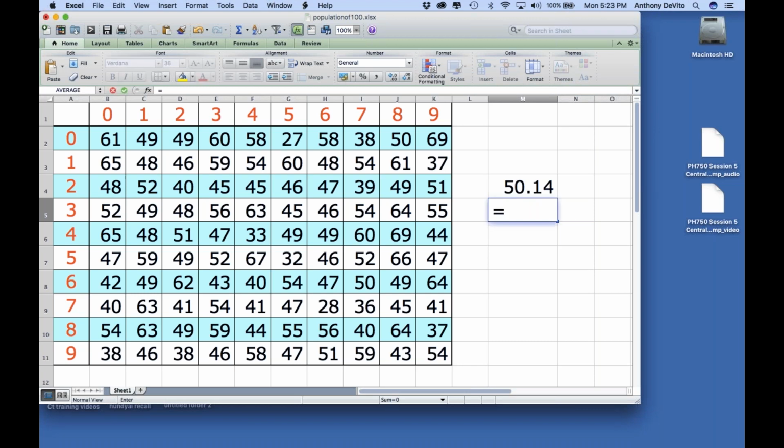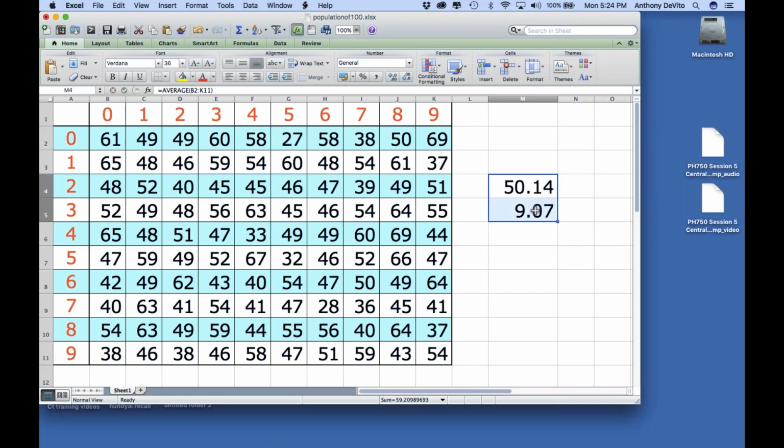I can also calculate the standard deviation, sigma, for the entire population. It's going to be equal to STDEV of the whole population. So it looks like the average for this population is 50, and the standard deviation for this population is 9. Now, in our imaginary world, we don't have the resources to actually measure everybody.